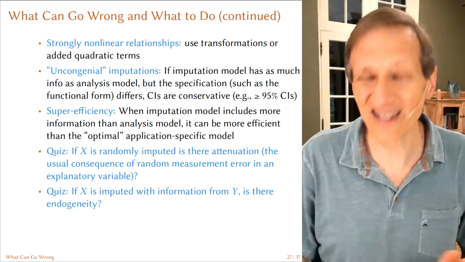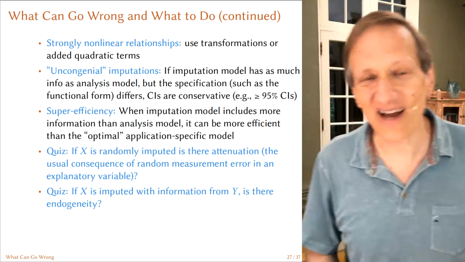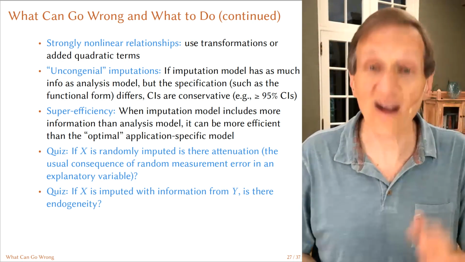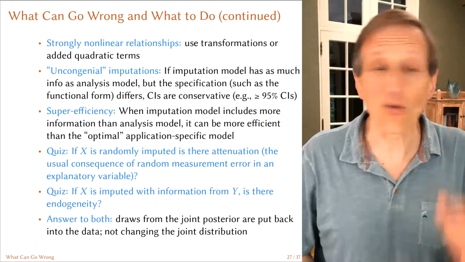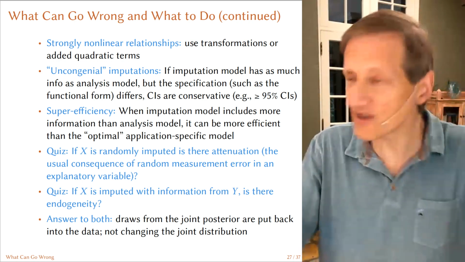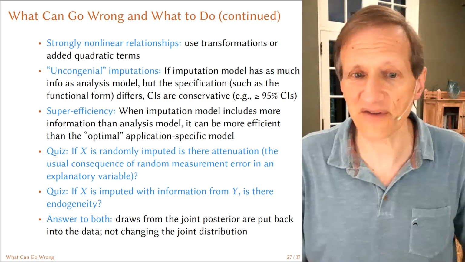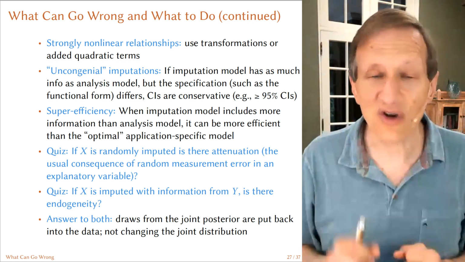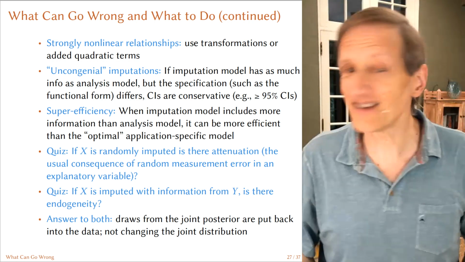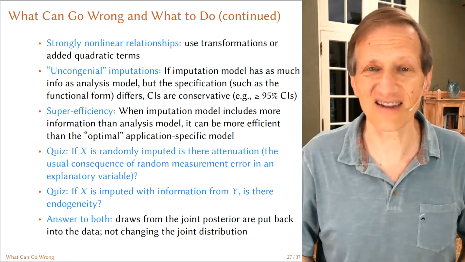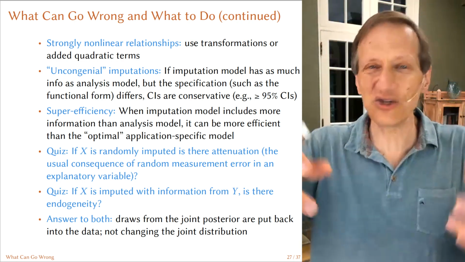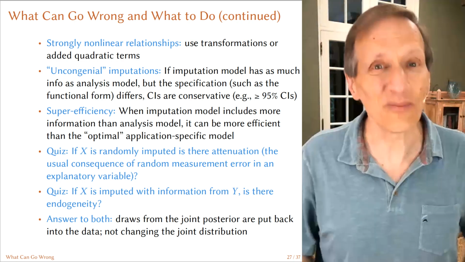Just delete. But under normal circumstances, it's the right thing to do. It won't increase your coefficients and it won't decrease your coefficients, so it'll keep it about the same. Draws from the joint posterior, put back into the data, don't actually bias anything. If you do anything else with the data, it actually will bias things.